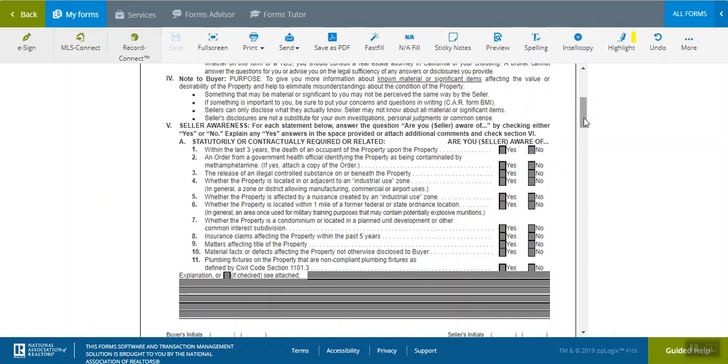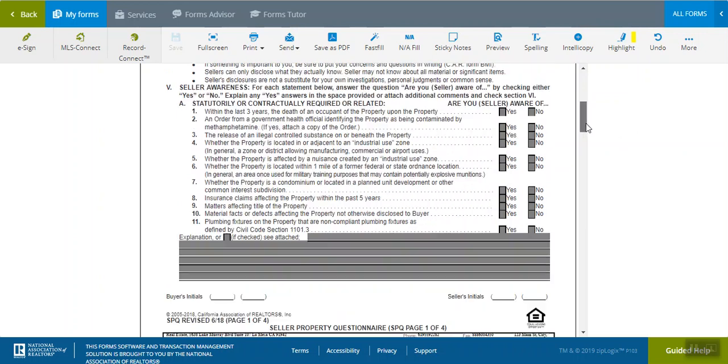For example, whether the seller is aware of a death on the property within the last 3 years, illegal or controlled substances on or beneath the property, being on or near an industrial zone, any insurance claims in the last 5 years, any material defects otherwise not disclosed. If any of the 11 questions were answered yes, then the seller needs to give an explanation.